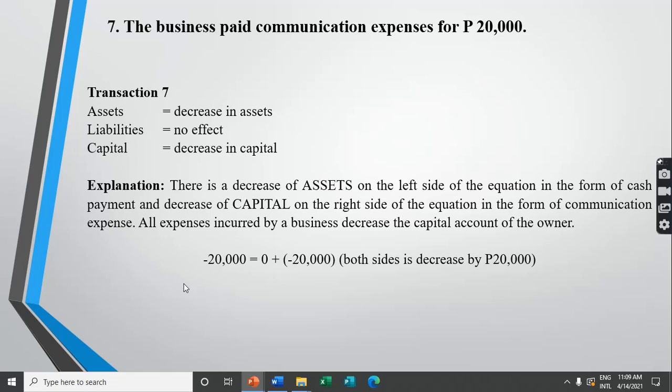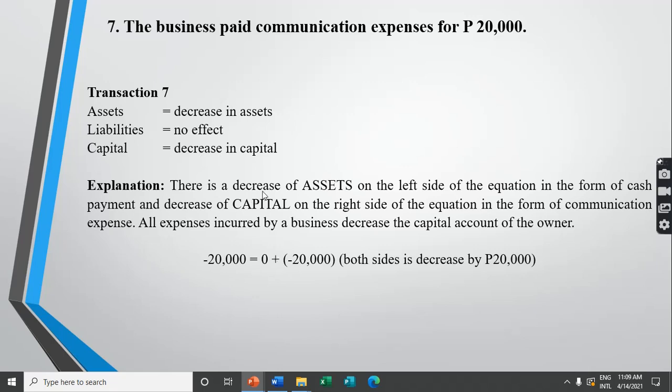Tama? Okay, that is considered expenses. So meaning mababawasan din yung capital mo. So asset, decrease in assets. Liabilities, wala siyang effect kasi wala namang sinabing utang or nagbayad ka ng utang mo. So capital, nabawasan din yung capital mo kasi naglabas ka nga ng pera.